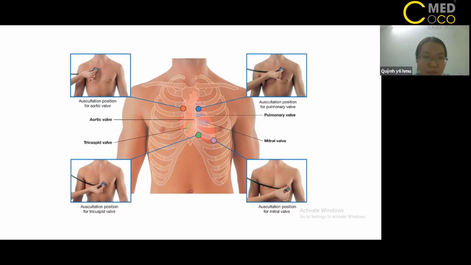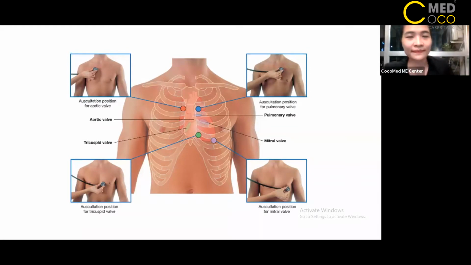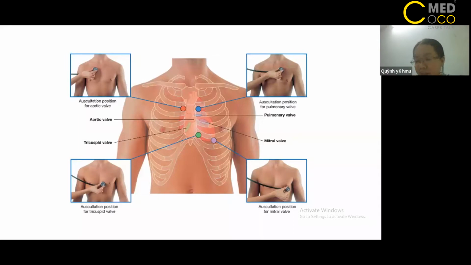Can you see here? There are two valves we can hear at the sternal border. The upper one is the pulmonary valve, and the lower one is the tricuspid valve.